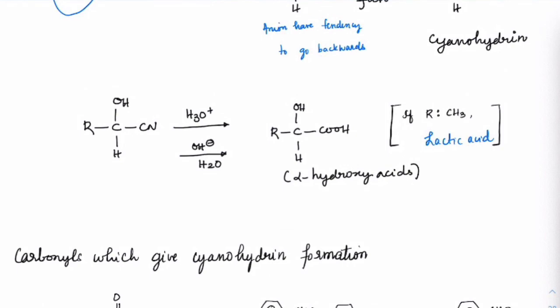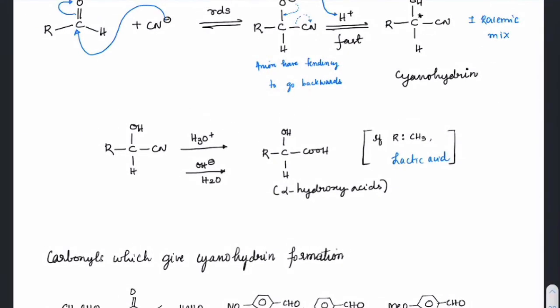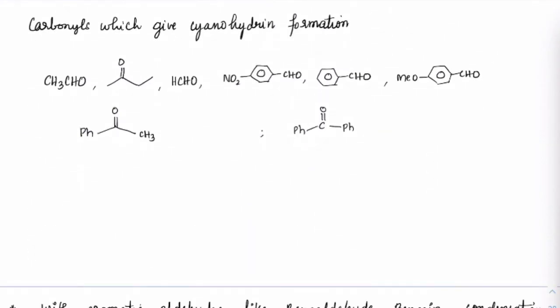Now, which of the following aldehydes and ketones will make a cyanohydrin formation easily? Check this out. Anything which is a regular aldehyde or a ketone will definitely give this reaction.